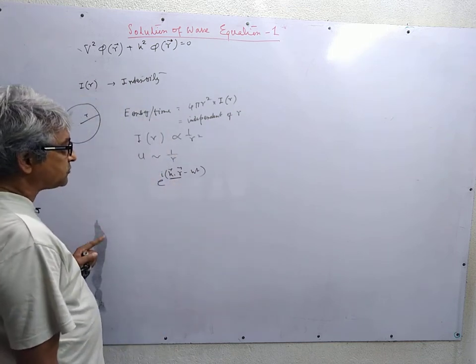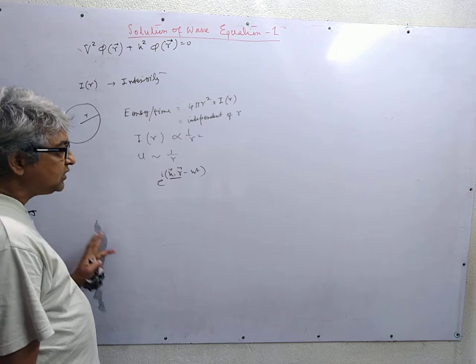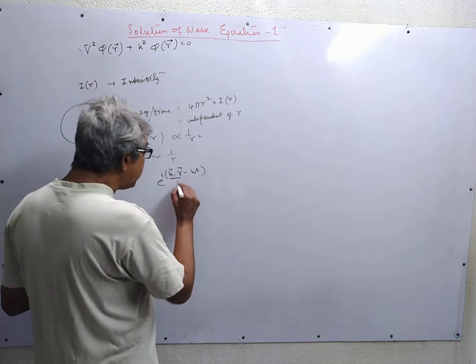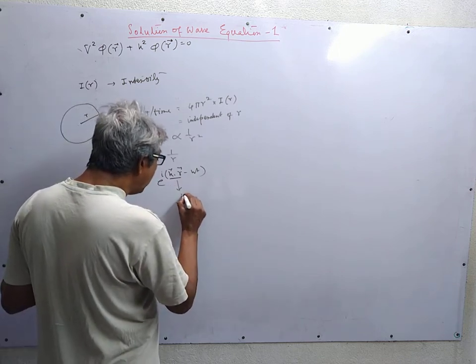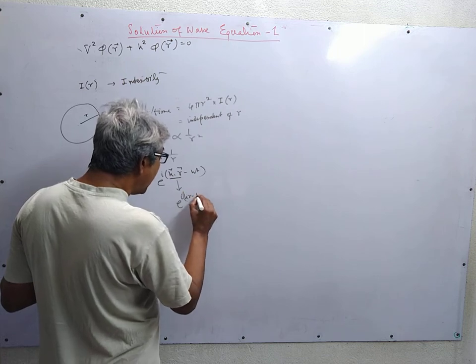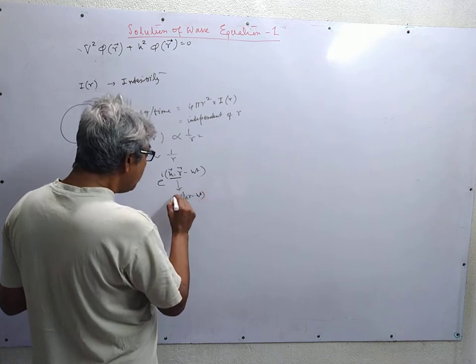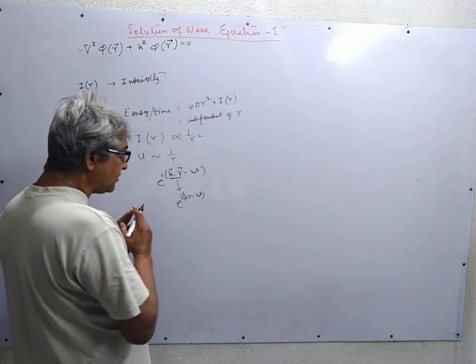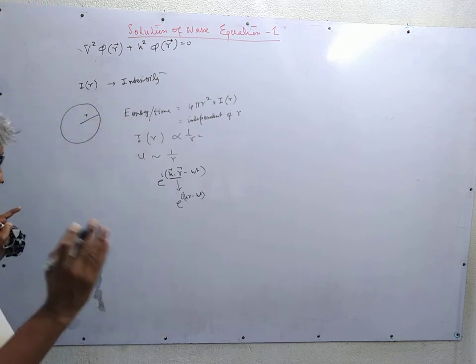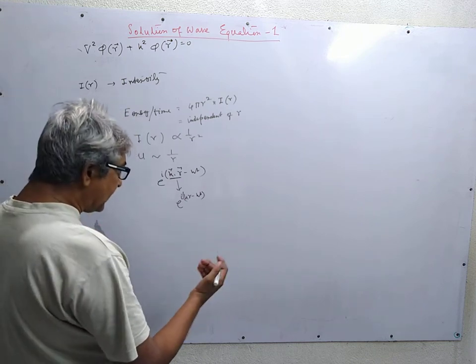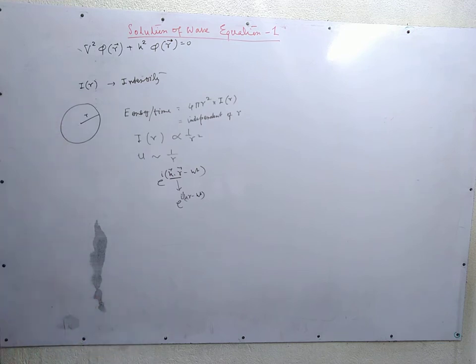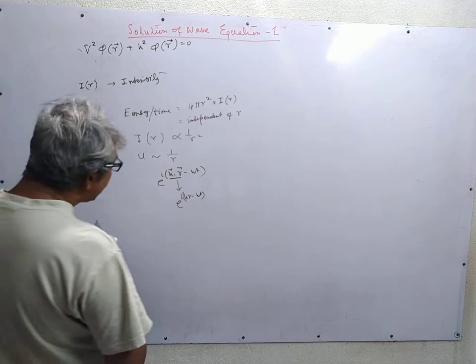But in the case of a spherical wave, there is no theta phi dependence, so this part should be e to the power i(kr minus omega t). Plus sign indicates a wave moving away from the source, and minus sign indicates the wave traveling towards the sink.